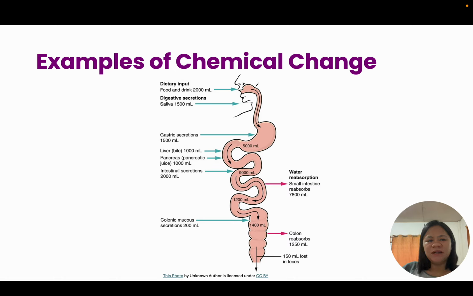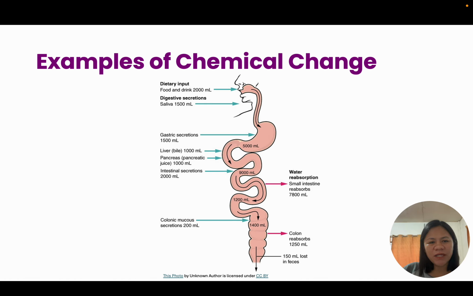So let's read it. Dietary input, so food and drink, approximately 2,000 ml. There's digestive secretion, so we have our salivary amylase that digests the food initially.